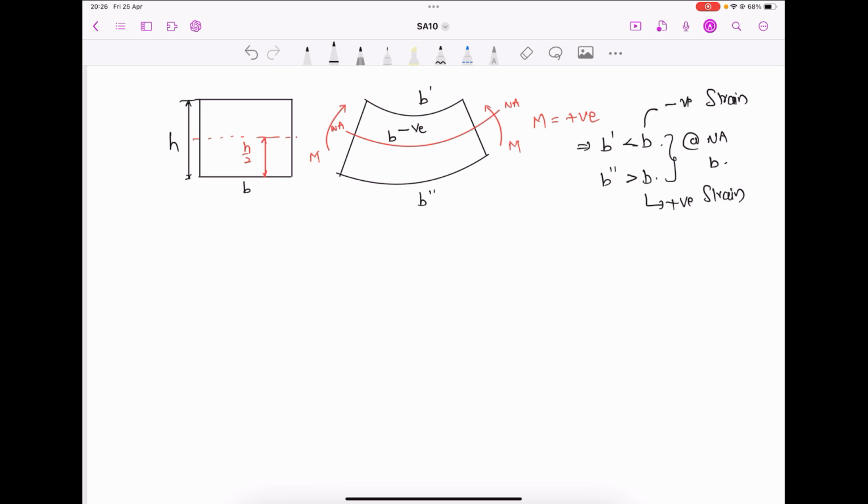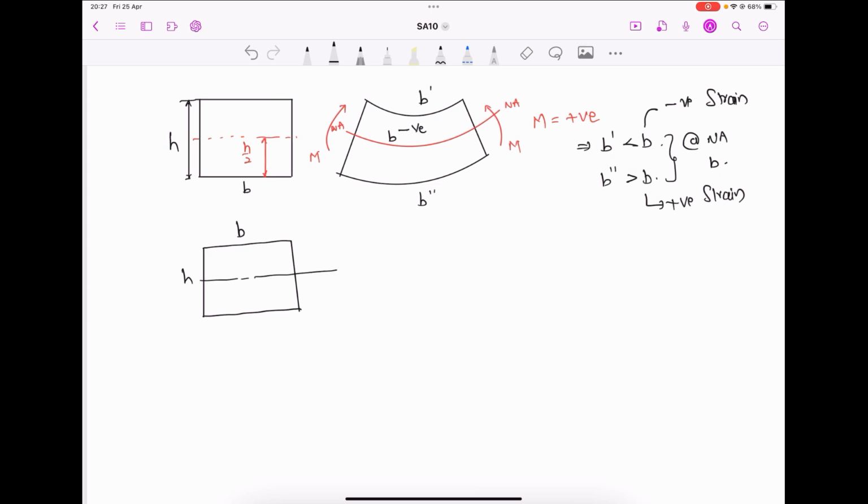Then here what happens? Next stage what we'll see, this particular beam. Please try to understand this clearly. Let us not waste time in repeating the same things again and again.